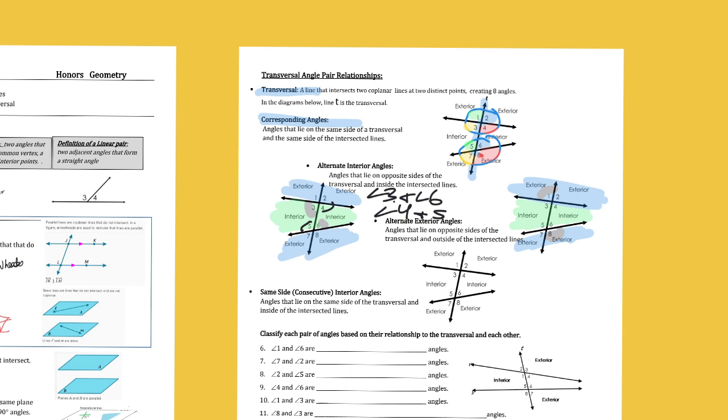Okay, so angle 1 and angle 8. And then another set of alternate exterior would be 7, goes with 2. Okay. Again, they're alternating sides of the transversal. Again, the transversal is the line that connects the 2 original lines. So angle 2 and 7. Those are going to be alternate exterior.